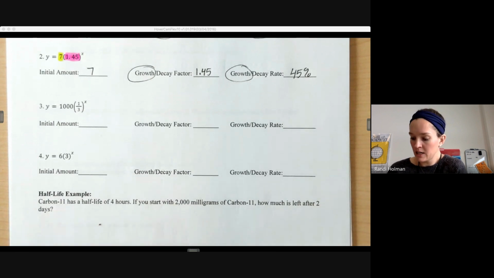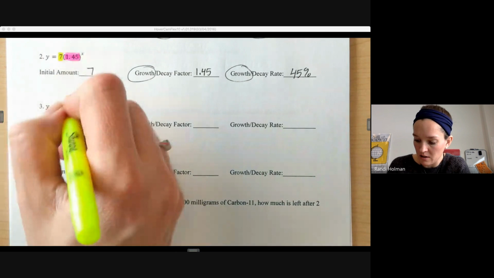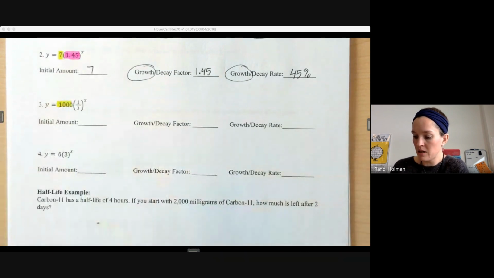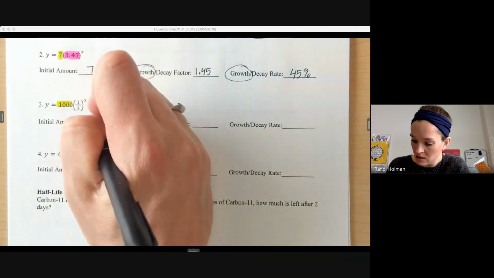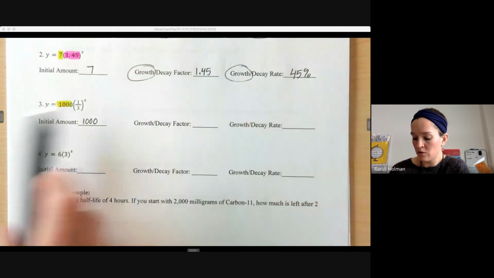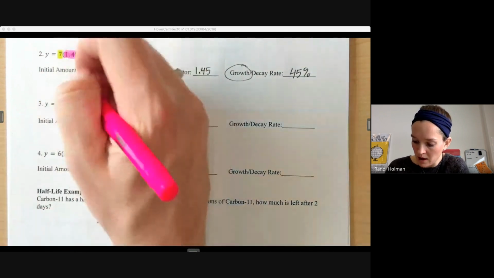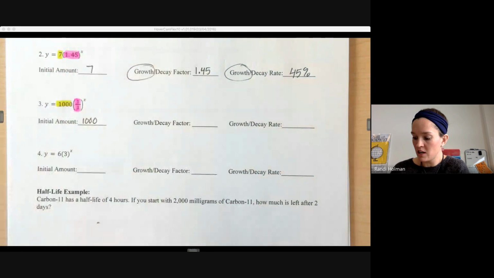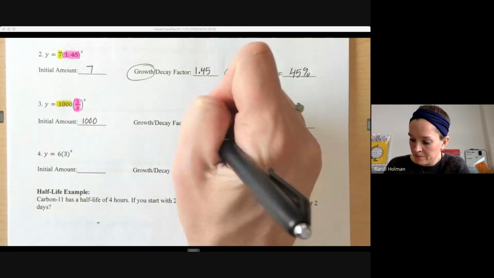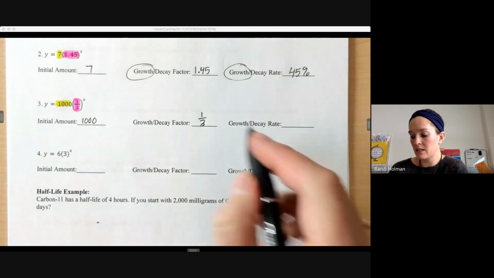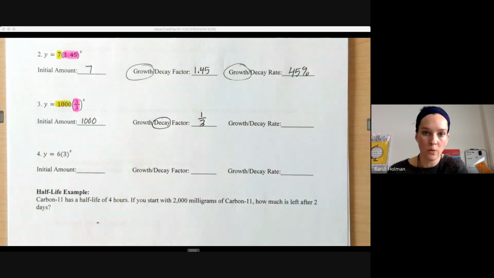Hopefully these are getting a little second nature. Might be a great time to pause, try it, and then check your answer. Initial amount, what we're starting with, we have 1,000. Growth or decay factor, we're multiplying by a third each time. Since it's decay, that's less than 1.